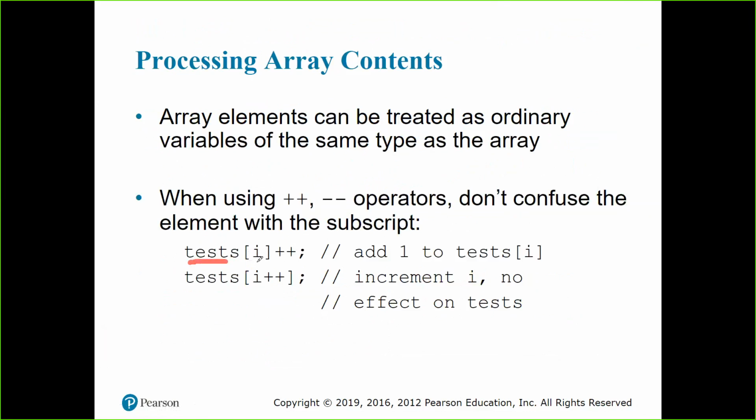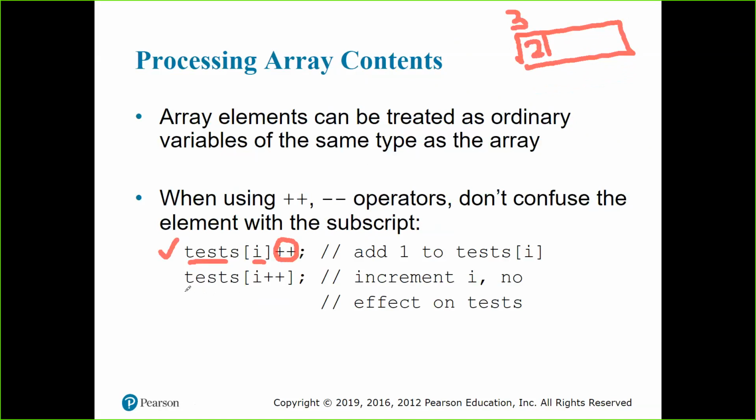Test is the array name, and i represents the index. If the value of i is 0, it is the first value inside the array, and ++ means to increment it. If the first value of the array is, let's suppose, 2, then after this statement runs, it will become 3.